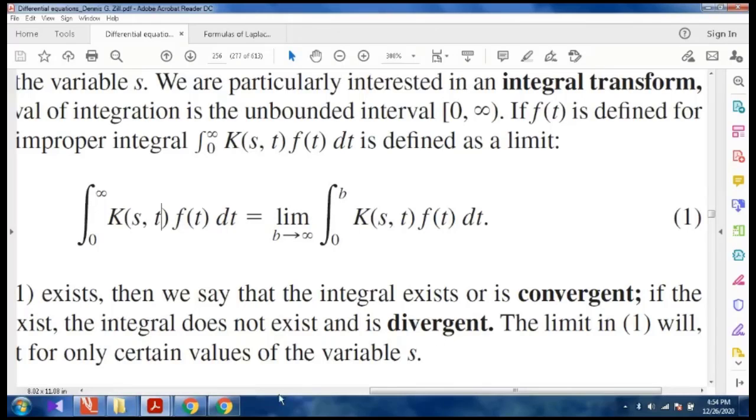But for the time being, please try to understand that any improper integral will lead us to a conclusion. The result may be convergent, the result may be divergent. When can we expect convergence? If the integral gives us a finite value, then the integral is convergent. If the integral is giving us infinity, negative infinity or indeterminate forms, then we can say the integral doesn't exist and is divergent.